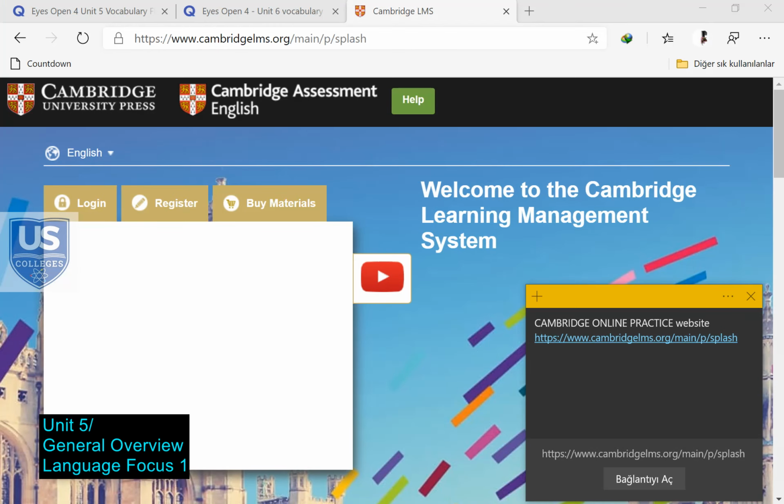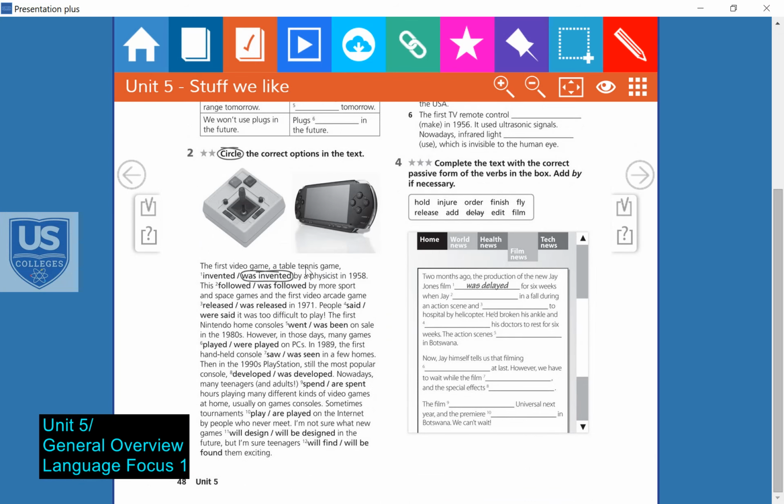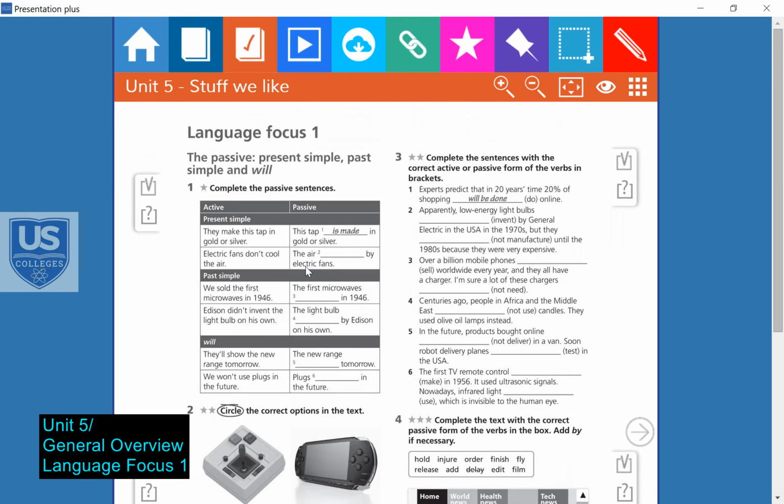At this point, guys, I strongly recommend you to focus on the workbook. Go over the exercises one more time. Once you have some questions, feel free to ask your English teachers.